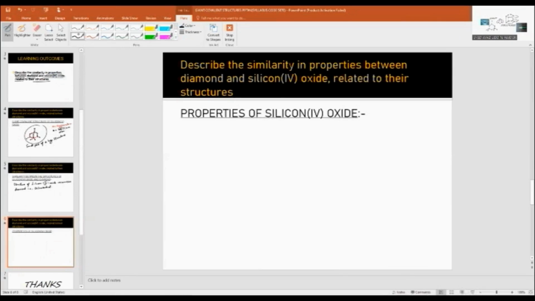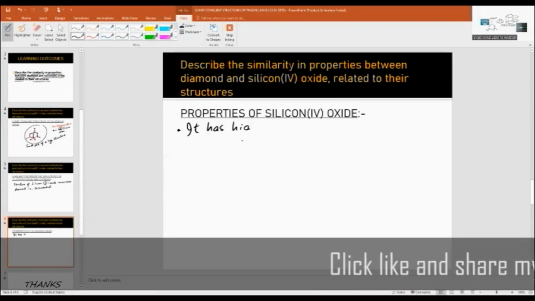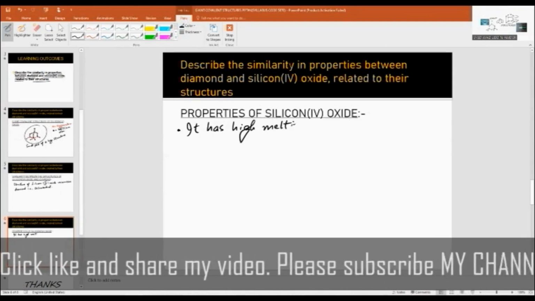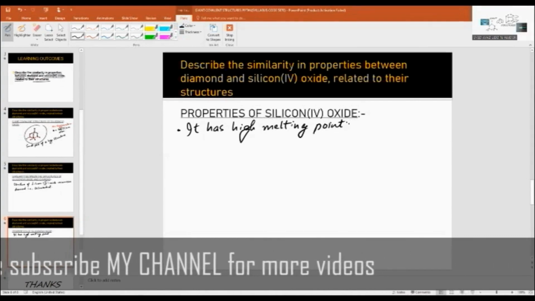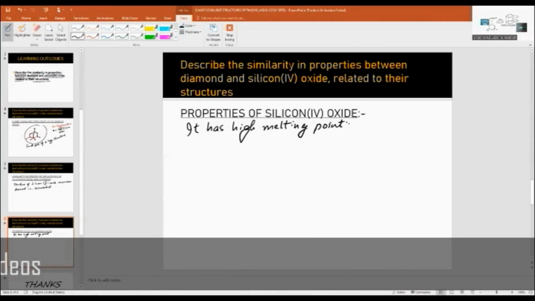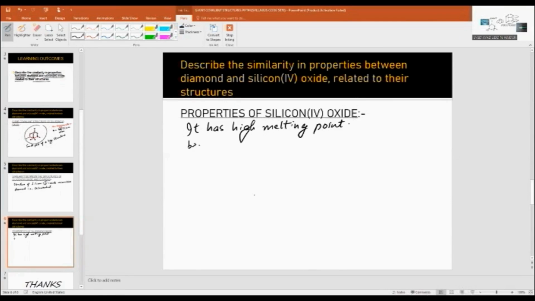Properties of silicon oxide. It has a high melting point, just like diamond. The reason, it contains many or strong covalent bonds, because it contains many or strong covalent bonds.